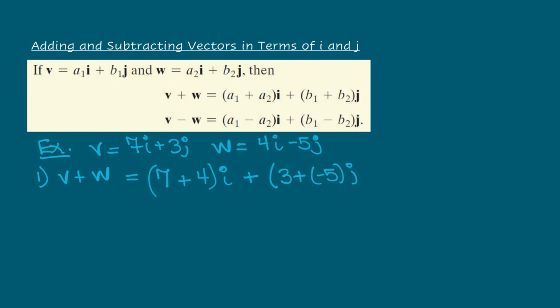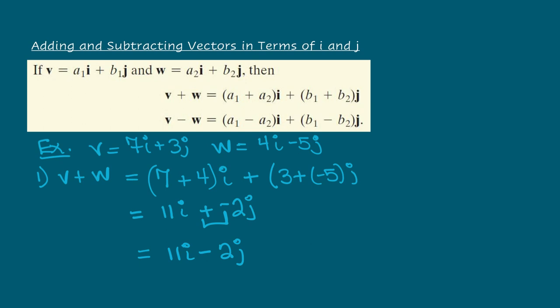And I'm going to then attach them to their appropriate components, be it i or j. So 7 and 4 give me an 11i plus 3 and -5 give me a -2j. And then I'm just going to clean that up a little bit because I don't like to write two signs together. And that gives me 11i minus 2j. And there I've added the two vectors together.